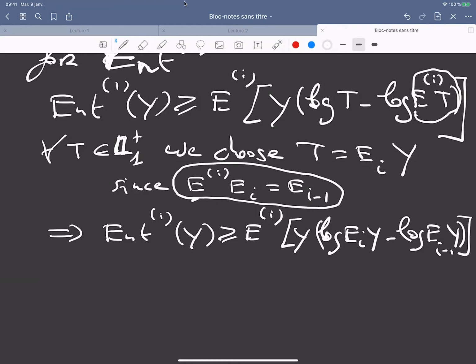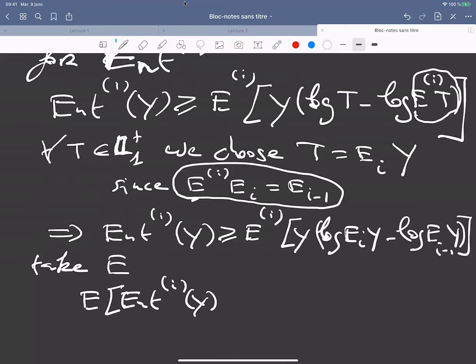And now the proof is almost finished because we just take expectation. And if we take expectation, the expectation of the conditional entropy will be greater than what?